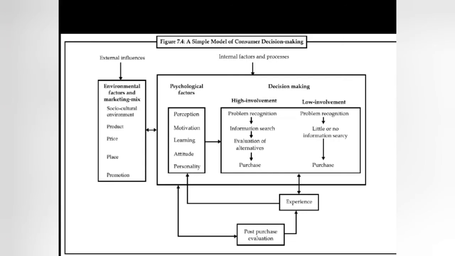Out of that, experience is generated and post purchase evaluation is done. Again, post purchase evaluation gives rise to perception, motivation, learning, attitude development or personality development. So in a simple model, we have both external influences and internal influences which help us to purchase a product.